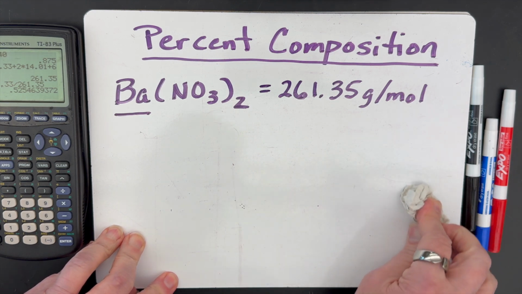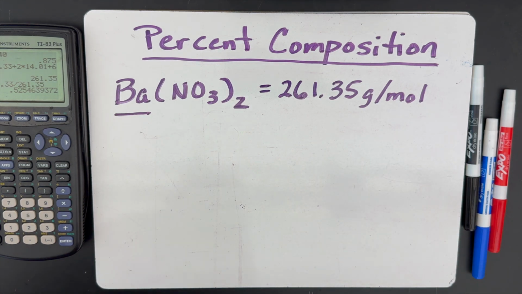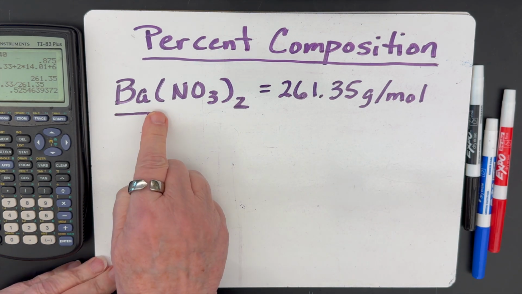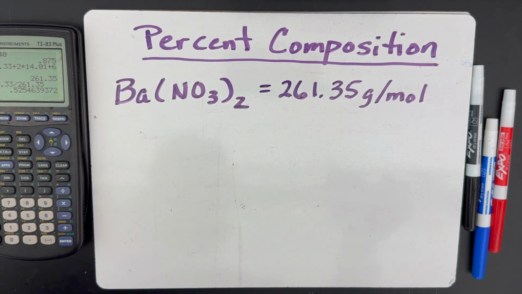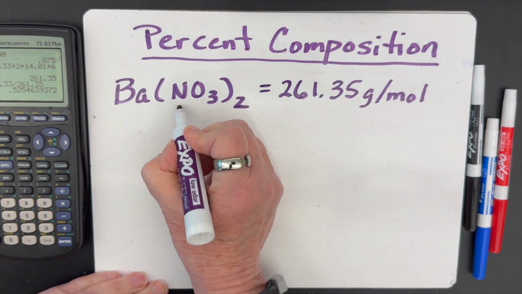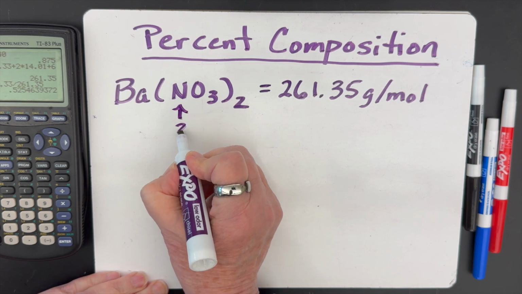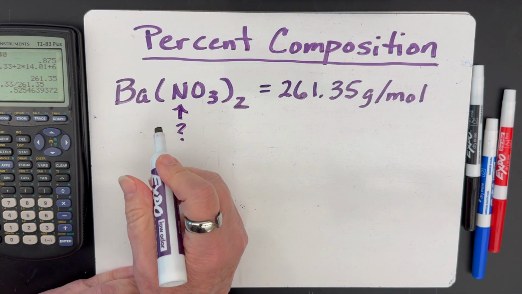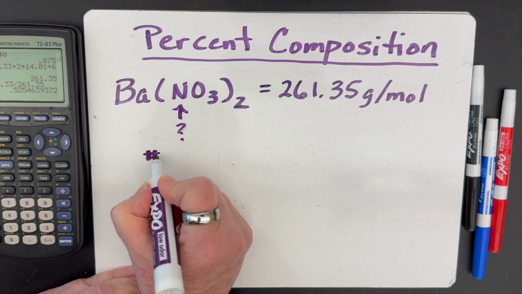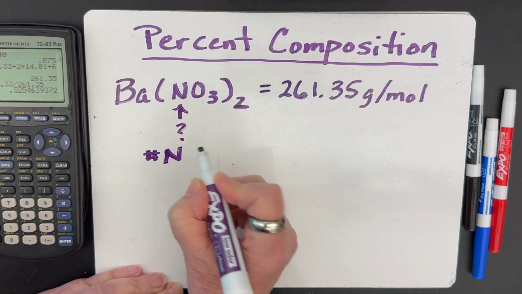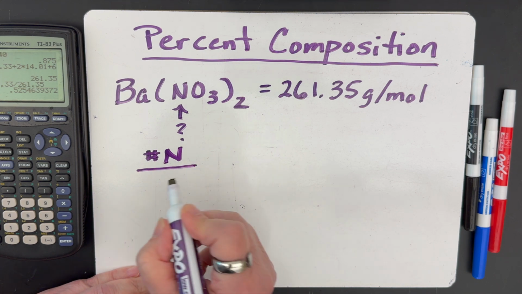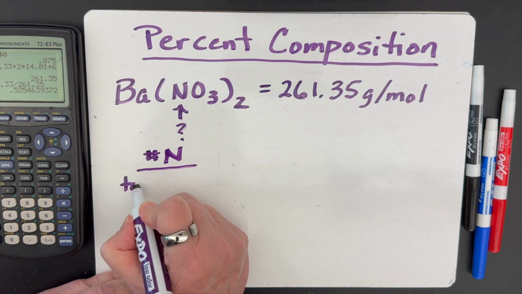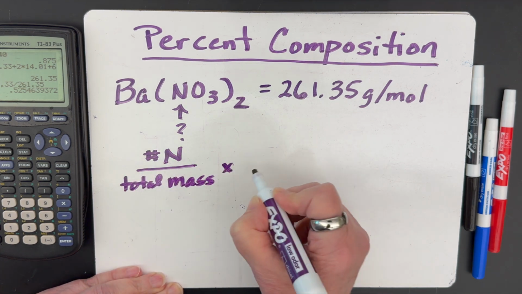All right, let's say that for our second problem, instead of the barium, we're asked for the percent composition of the nitrogen. Again, we want to take the number of nitrogens times their mass over the total mass times 100.